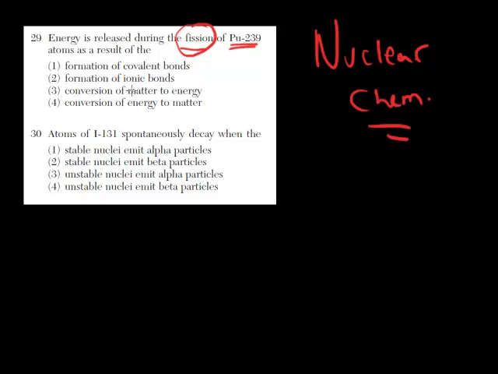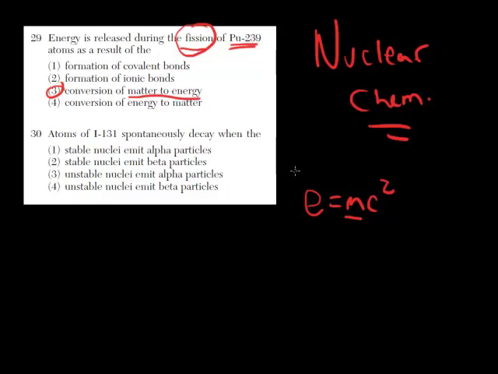So what you're doing here is you're converting matter to energy according to the famous equation E equals mc squared, where the mass conversion is the change and difference in mass between a plutonium-239 atom and the daughter products that are produced when it splits. They collectively will be a little bit less massive than the plutonium-239.